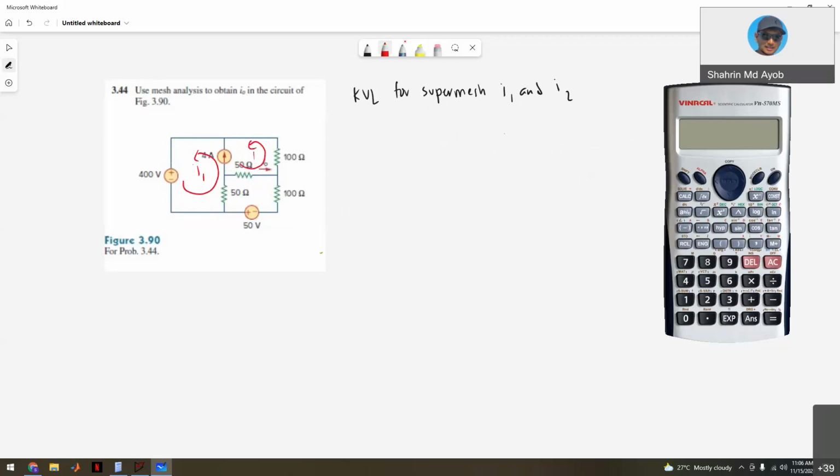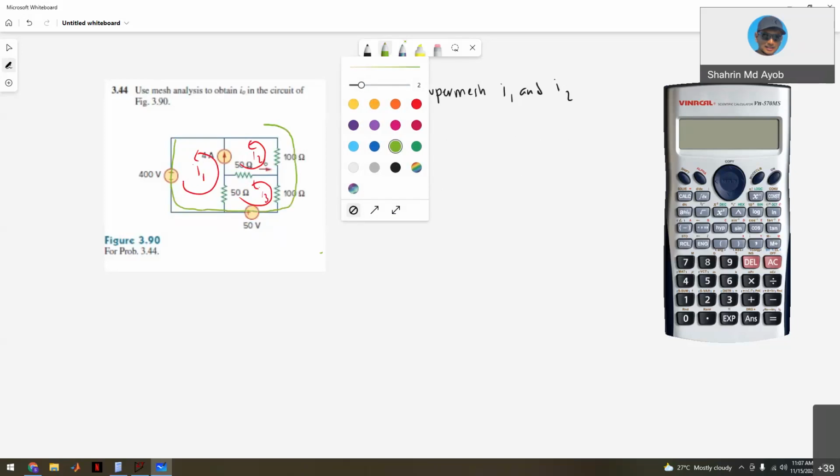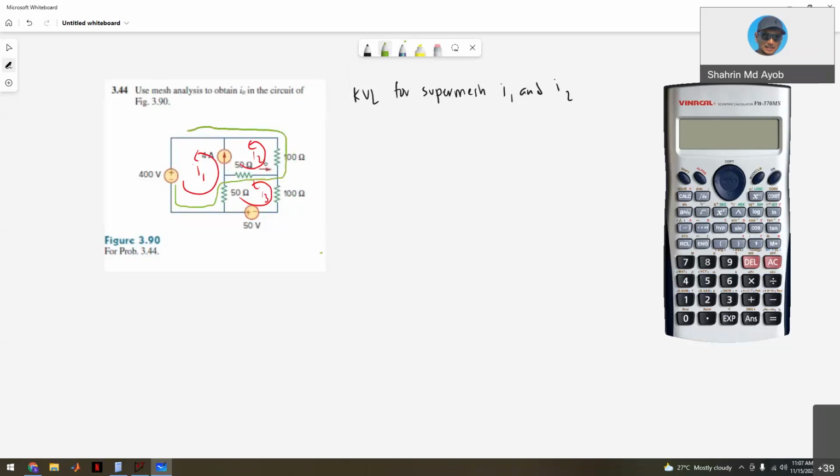I1, I2, and your I3. So your supermesh should be like that. We only consider I1 and I2 because the current source is shared by I1 and I2. So we start here and go positive 400 first.